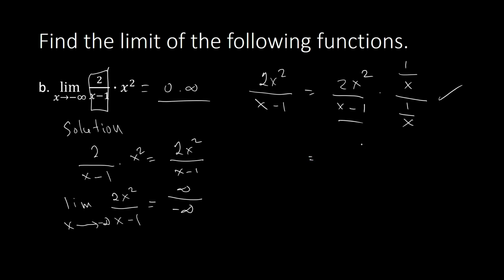And look at this. 2 times x squared divided by 1 over x is just 2 times x. And you distribute 1 over x to x, and that becomes 1. So look at that: x times 1 over x is 1, and 1 times 1 over x is 1 over x. And so let us now evaluate the limit of this function as x approaches negative infinity.